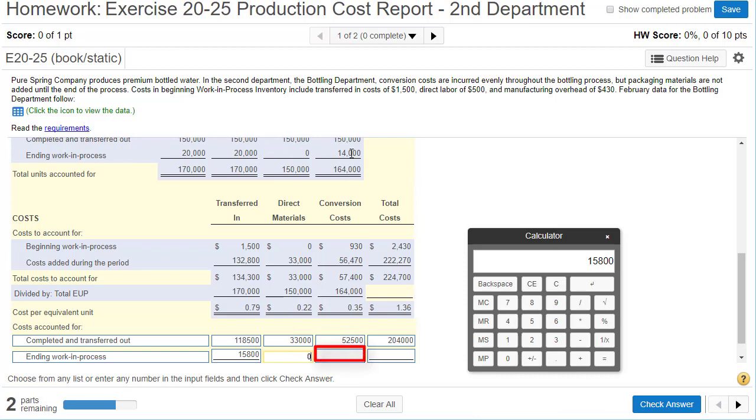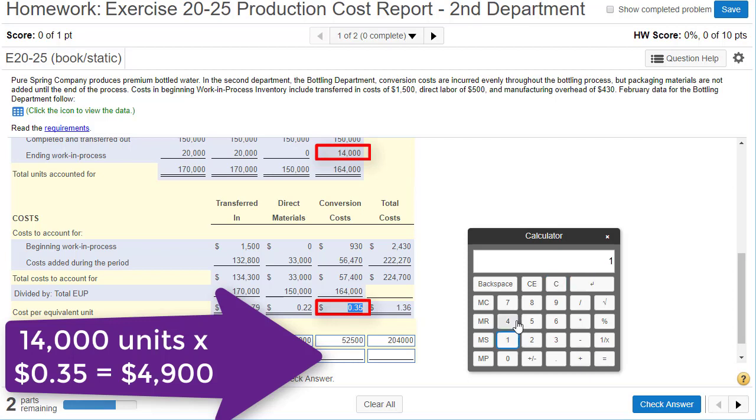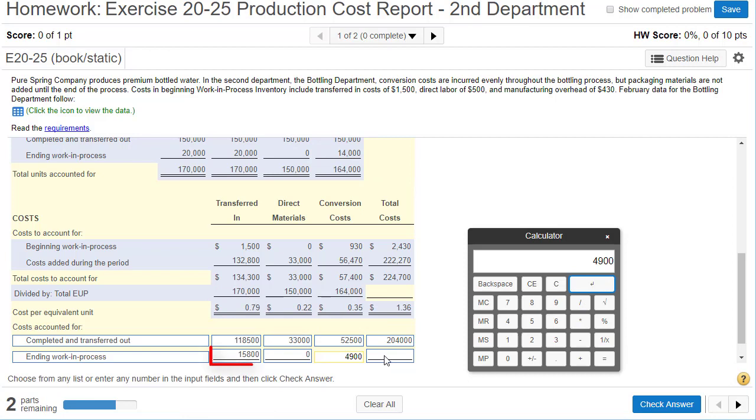For conversion costs, we're going to take 14,000 times 35 cents, 14,000, which I get from up here, times 0.35 equals 4,900. And then to get the total, we're just going to add 4,900 and 15,800. 15,800 plus 4,900 gives us 20,700.